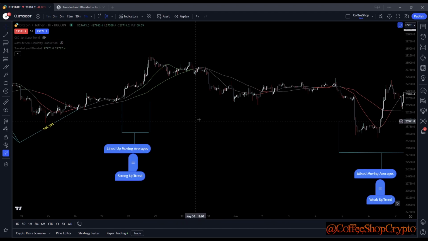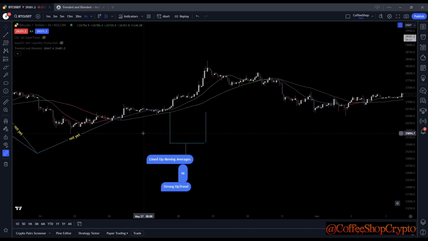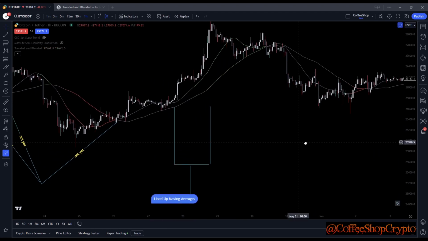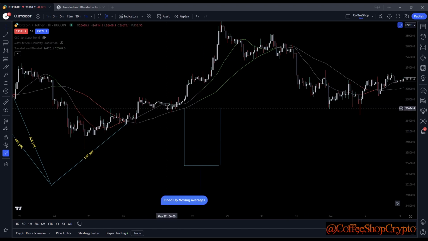Weak uptrend. And here you have bullish candles forming, larger and larger, and your moving averages are lined up, but they don't change to green until here. Okay, I need you to understand something. Just because you have moving averages in an uptrend does not mean you have a full uptrend. When the price breaks above, you don't have a true uptrend on this time frame yet.